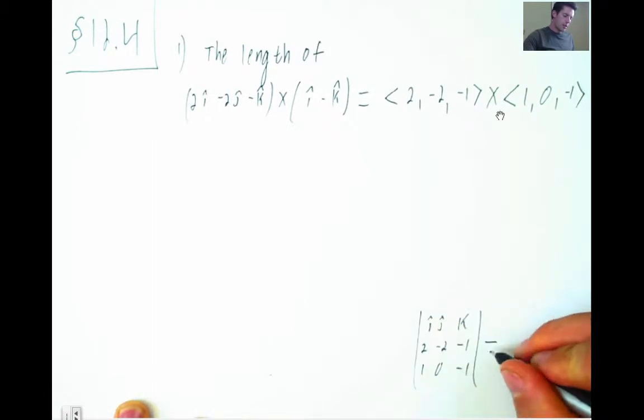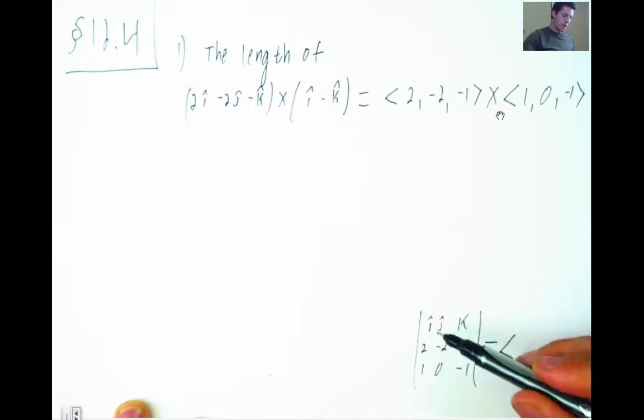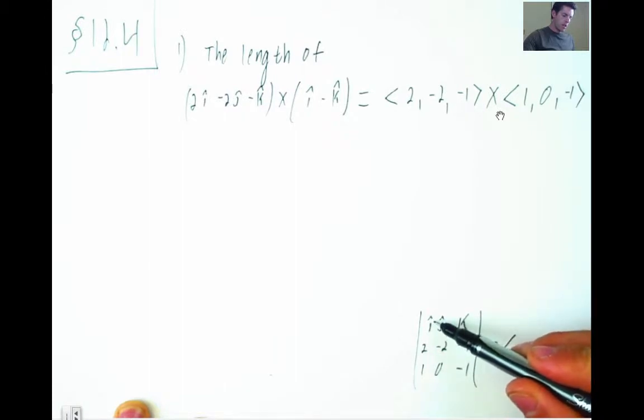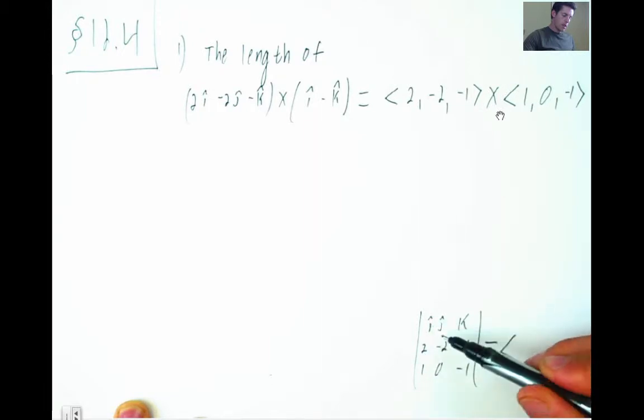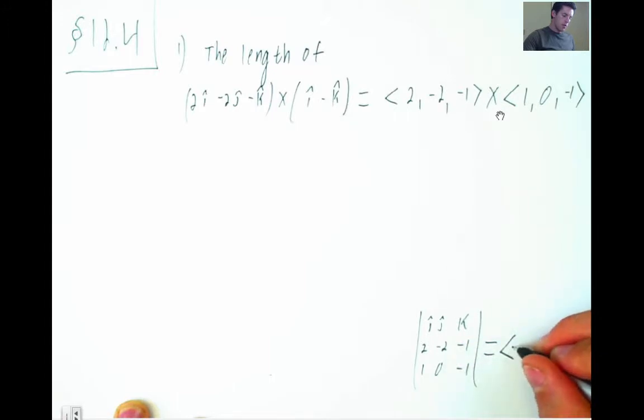And the way I usually do this is I think the i component comes from ignoring the column with an i in it and the row with an i in it and just looking at this, and it's negative 2 times negative 1, which is 2, so negative 2 times negative 1, and then minus, okay, so negative 2 times negative 1 minus 0 times, whatever, 0 times.